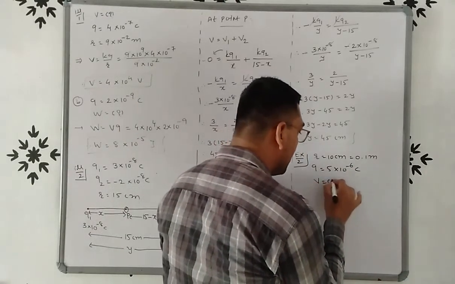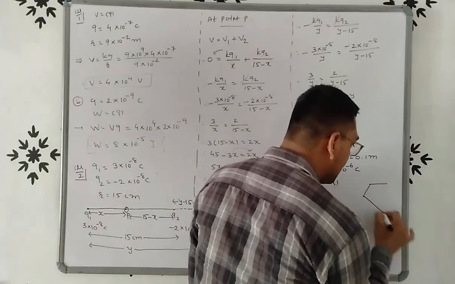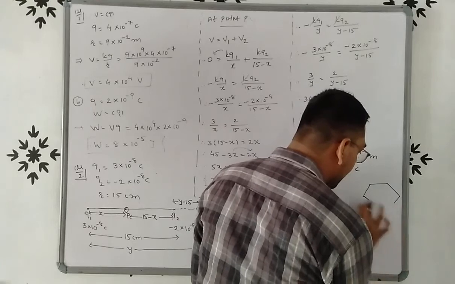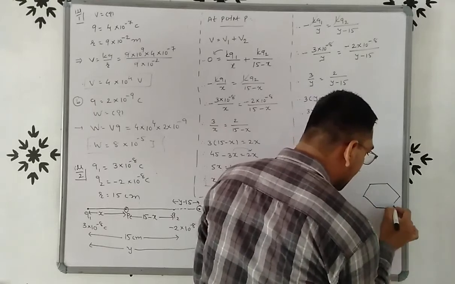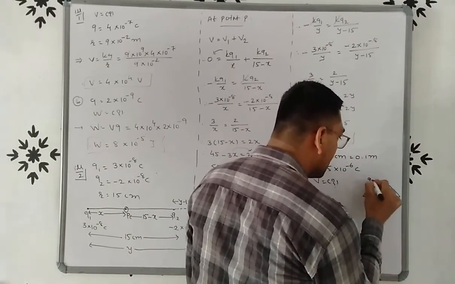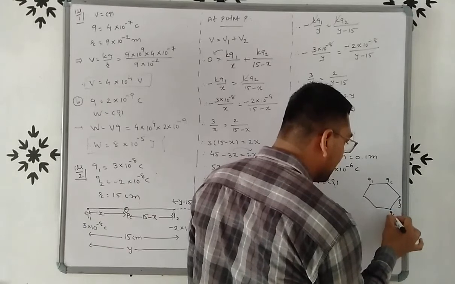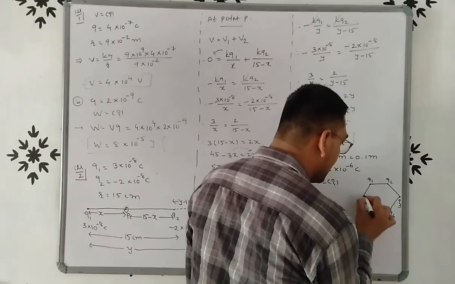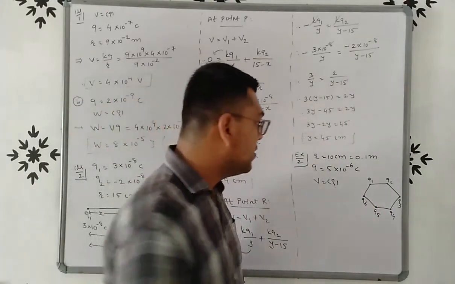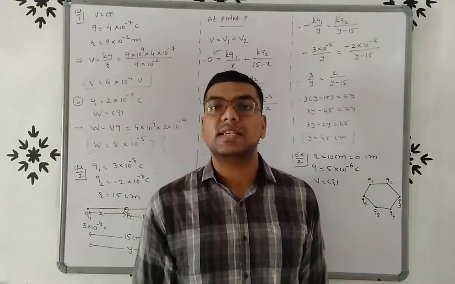So we have to find the potential V. Now see friends, this is the hexagon. This hexagon has charges Q1, Q2, Q3, Q4, Q5 and Q6. The hexagon has 6 sides, so the total number of charges is 6.